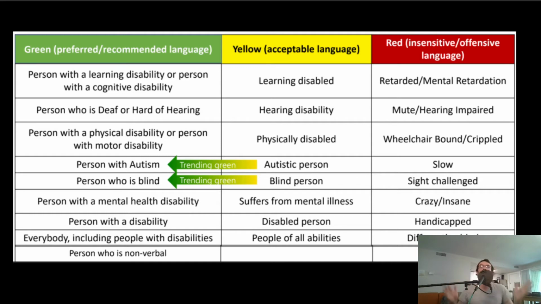If you know nothing else about the community, person with is great. And equally, it's strongly encouraged to not use able-bodied to refer to people without disabilities. It's generally advised to use the term non-disabled rather than able-bodied.